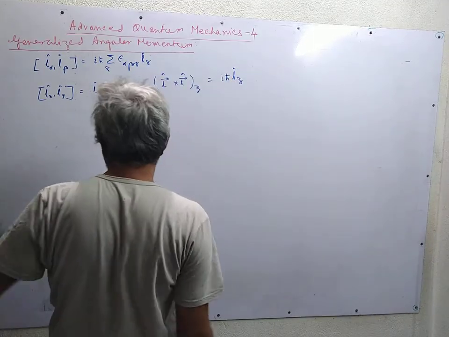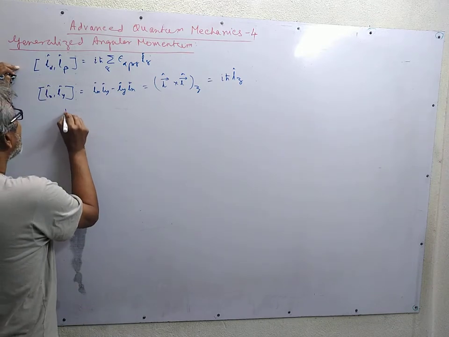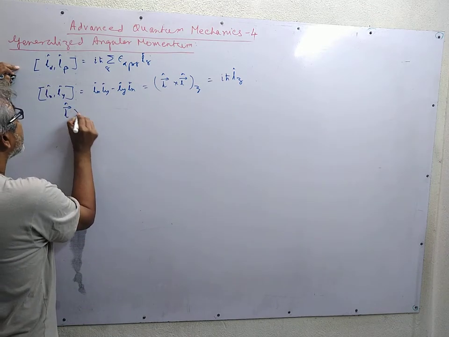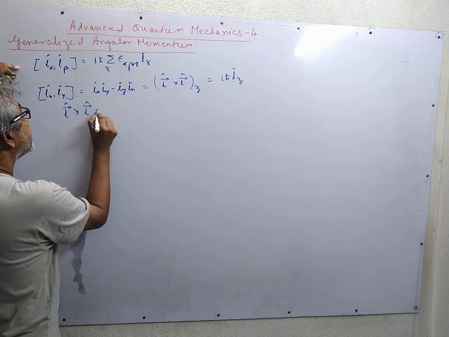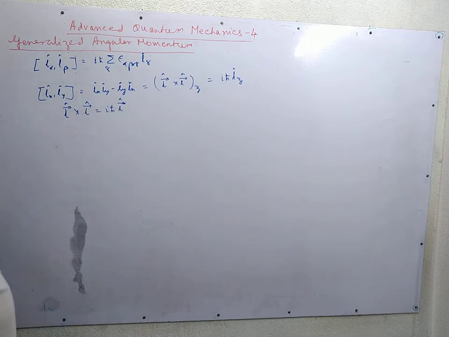So in that sense we can write this commutator relation in an alternative way: L operator cross L operator is equal to i h-bar times L operator. You recall that in matrix mechanics we started with this commutator relation.